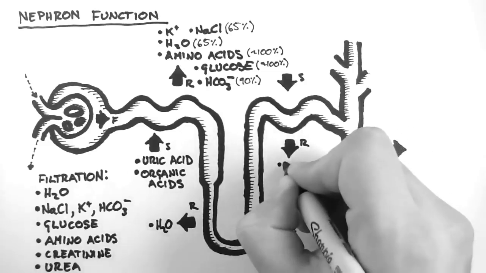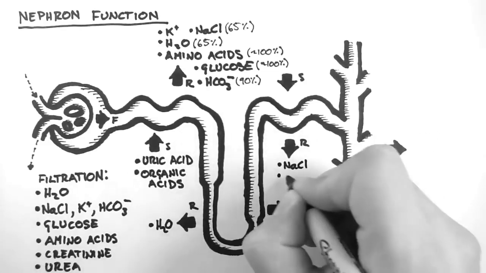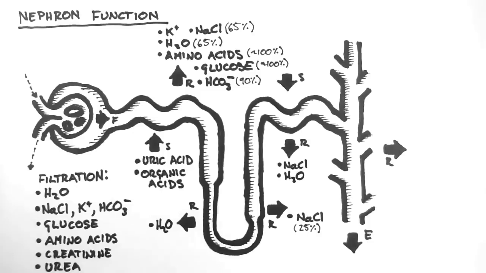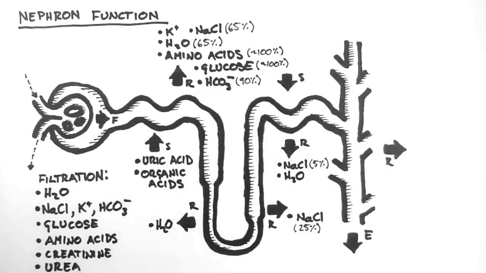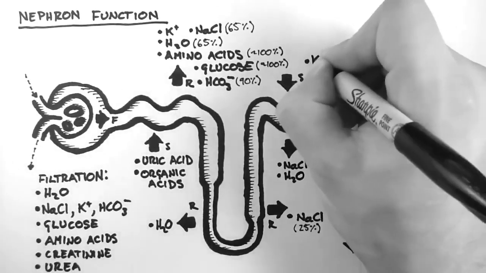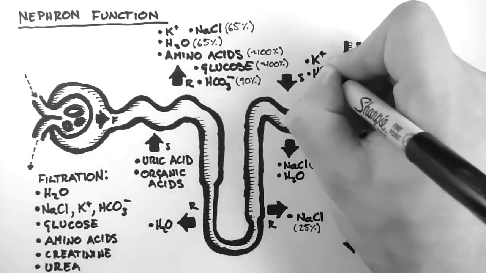In the distal convoluted tubule, we reabsorb about 5% of the filtered sodium chloride and some water. So you can see that the main way the nephron reabsorbs water is by movement of sodium chloride, which the water follows due to the osmotic gradient. In the distal tubule, some potassium and some hydrogen ions are secreted.